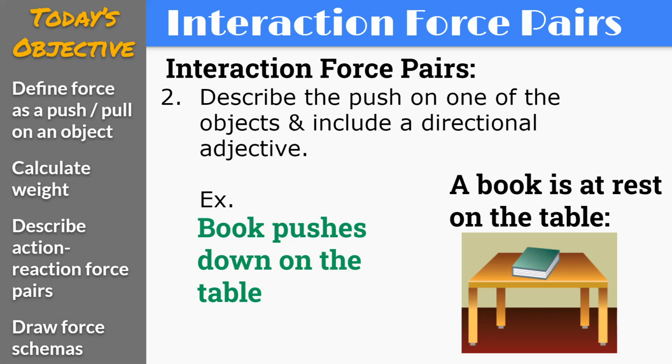So, book pushes down on the table. That is describing one half of my force pair, because for every action there's an equal and opposite reaction, so I could think of this as my action force. It's pretty boring in terms of action, I guess, because it's not really doing much, but the book is pushing down on the table.